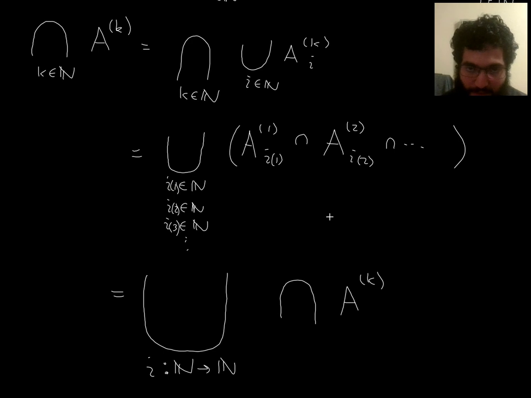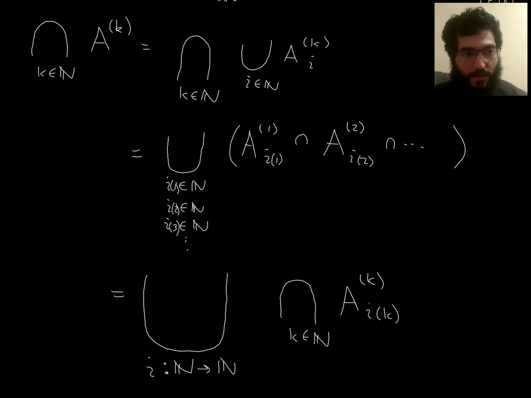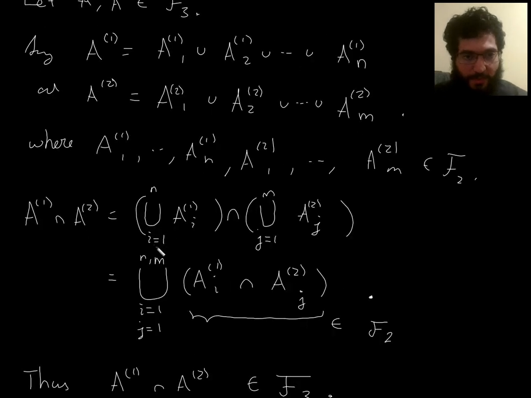Now this is indexed by the k up here, and what's down here is I of k. Now that is definitely a lot of things that I'm unioning here, right? That's a lot of things. There are a lot of functions from n to n. But that's not surprising. I mean, that's what happened before, right?